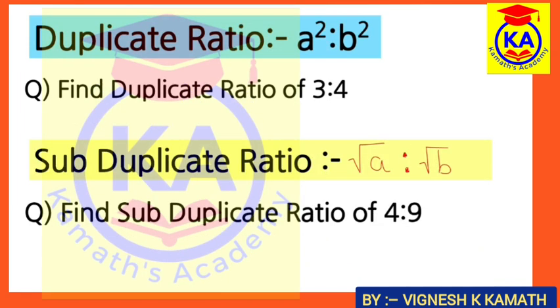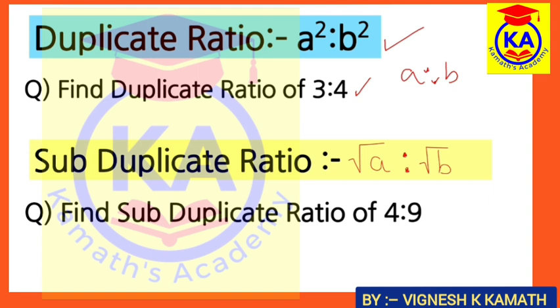Now we'll move on with duplicate ratio. In duplicate ratio, if A:B is a ratio, the duplicate ratio of A:B will be A squared is to B squared. Now we'll see an example. 3:4 is a ratio.